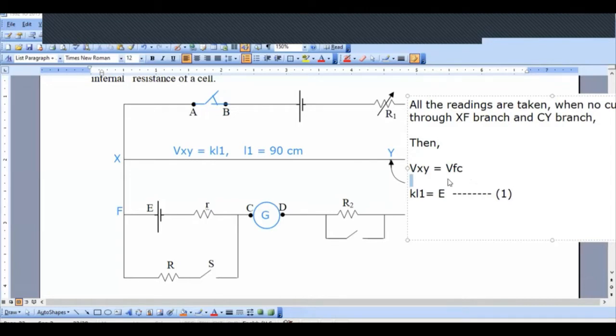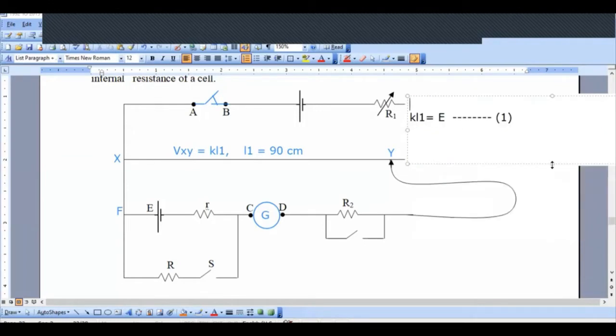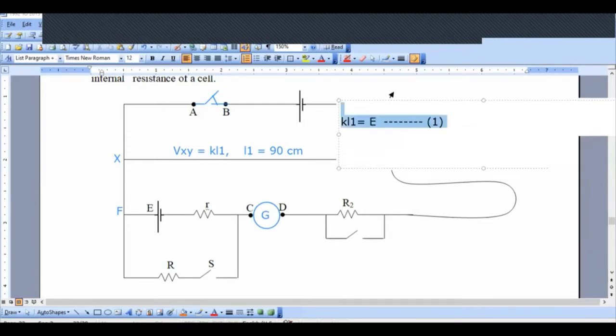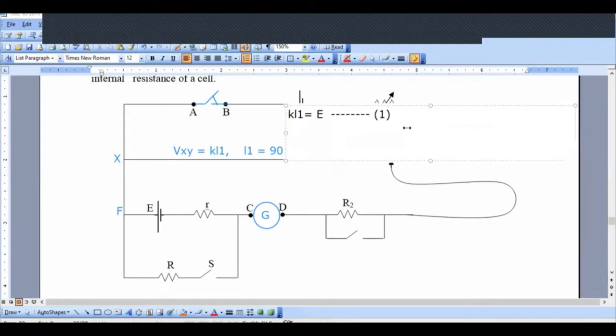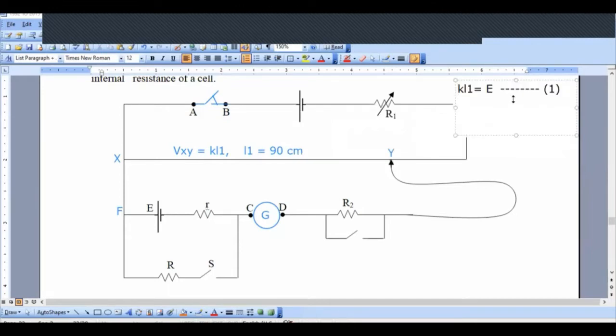So we have obtained the first equation. Now I am only interested in equation number 1. Let me keep equation number 1 somewhere here.